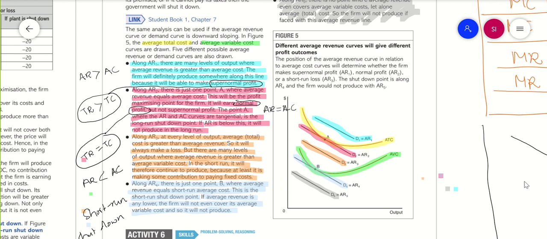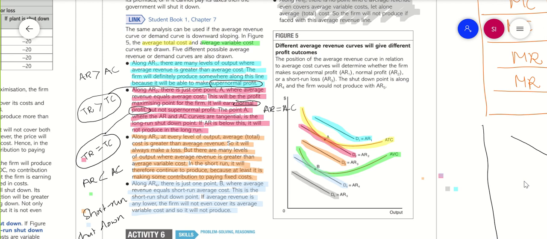Moving to the pink D2 or AR2 curve, this is the point where the AR curve is equal to average total cost, that is at point A. So in this case, the firm tends to make a normal profit. That means where your AR is equal to ATC, your total revenue will also be equal to your total cost.